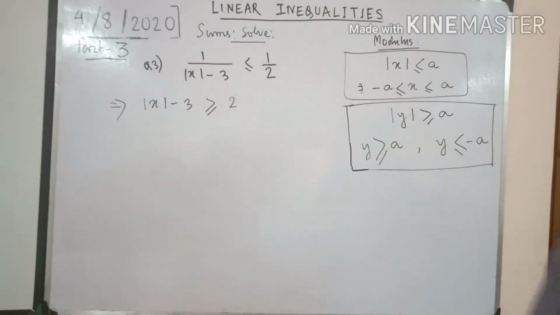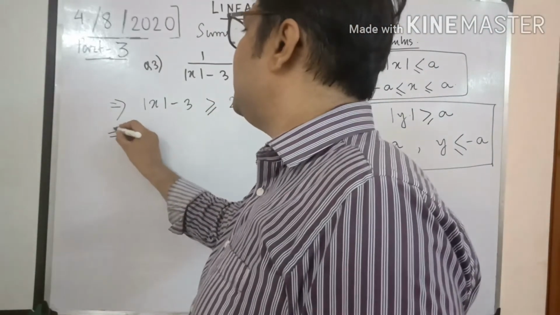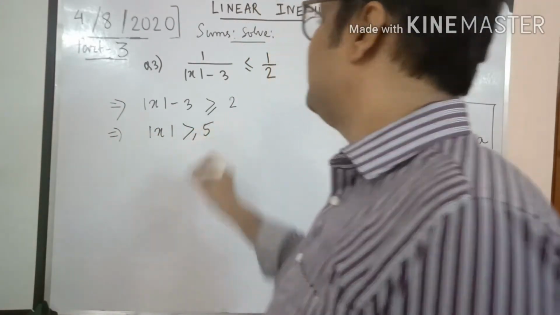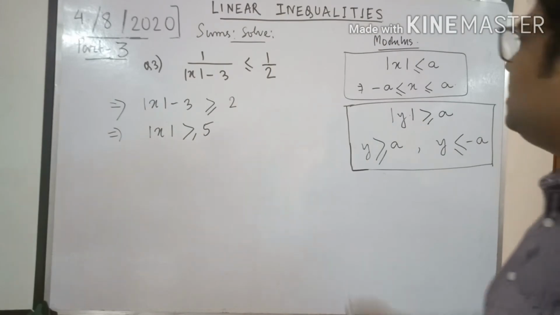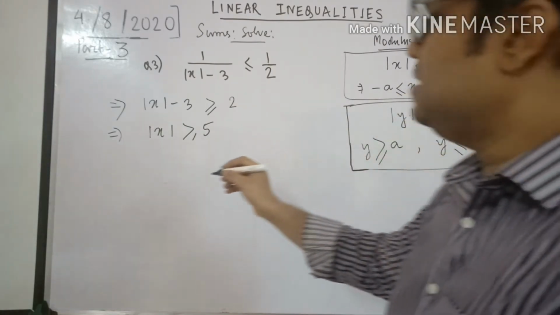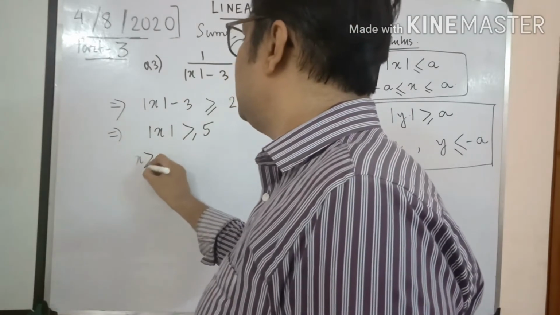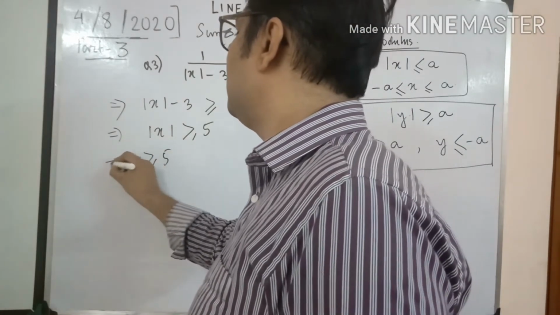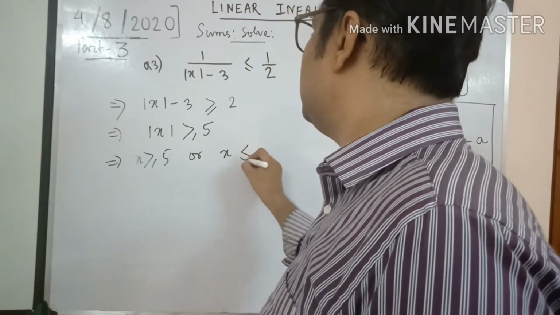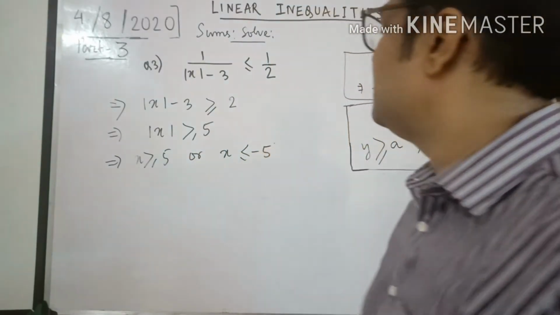So that immediately gives you the idea that mod x will be greater than or equal to 5. This is about the second part. So x is either greater than or equal to 5 or x is less than or equal to minus 5.